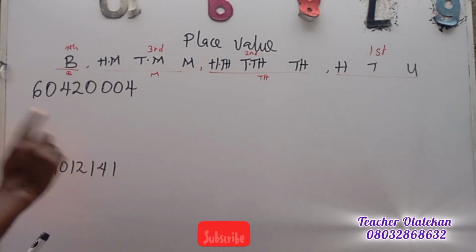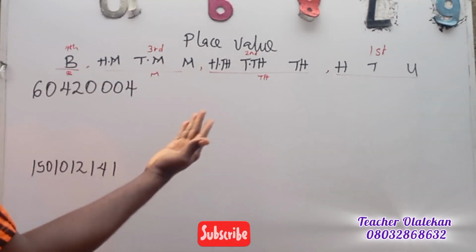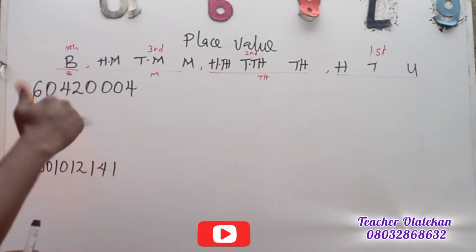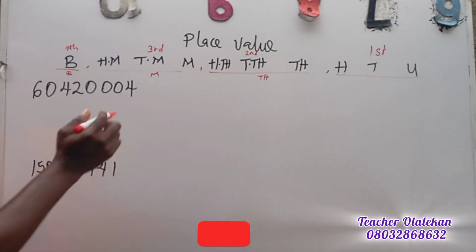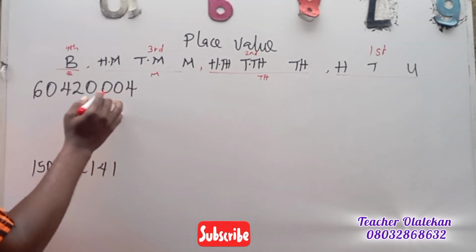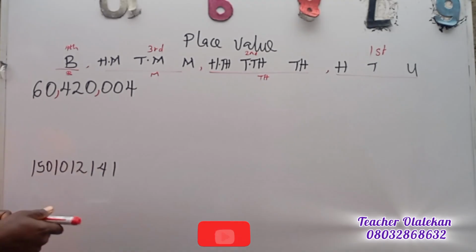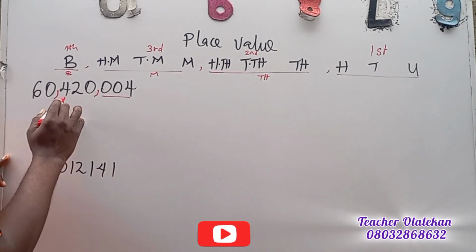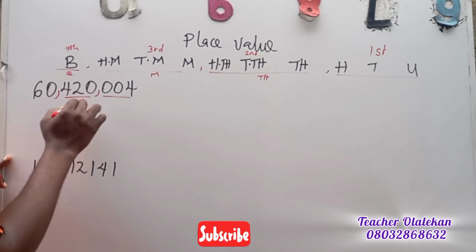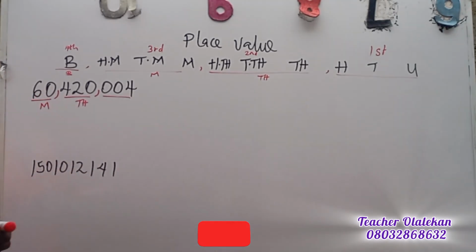So do not forget, we're going to do that to what we have here. And we pronounce every figure to the group name. You get it now? Let's start. 1, 2, 3, comma, 1, 2, 3, comma. So we don't have more than three groups. Now let's say this is the ordinary group, this is thousand, and this is of course million.